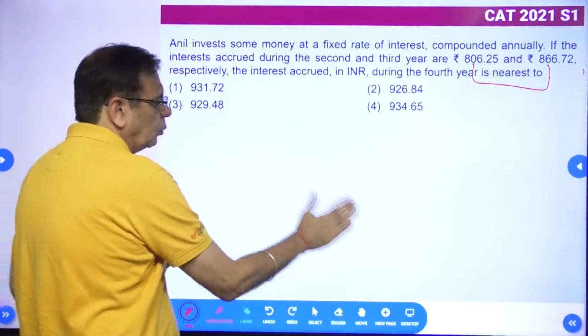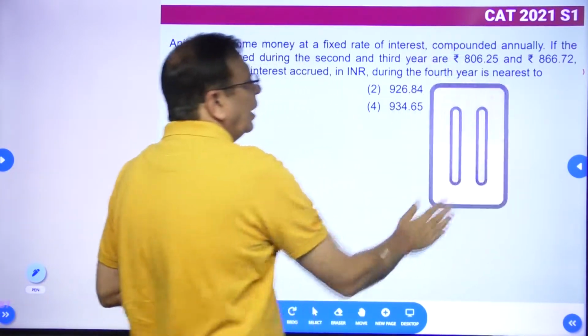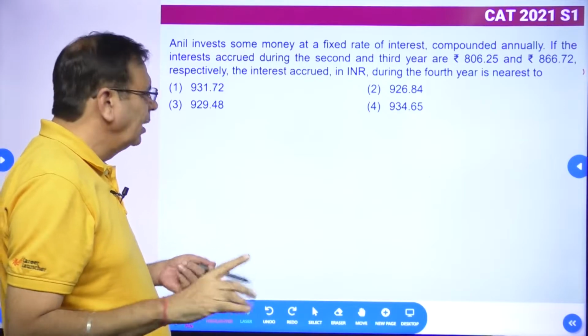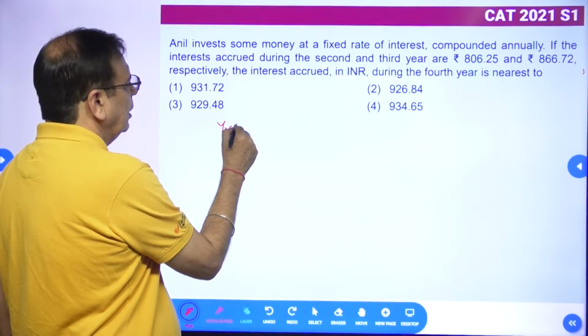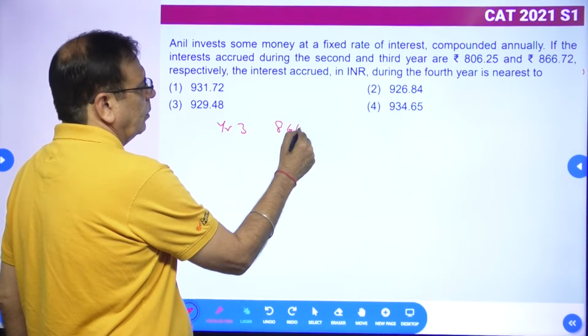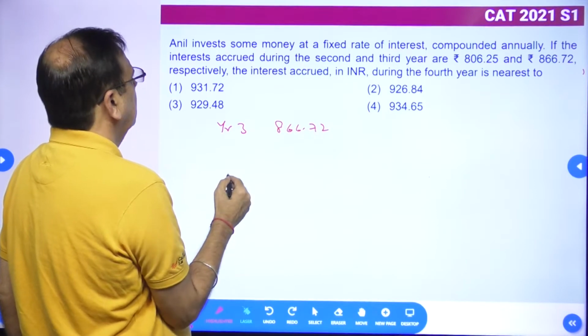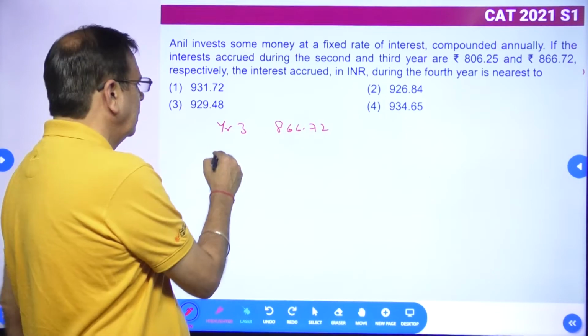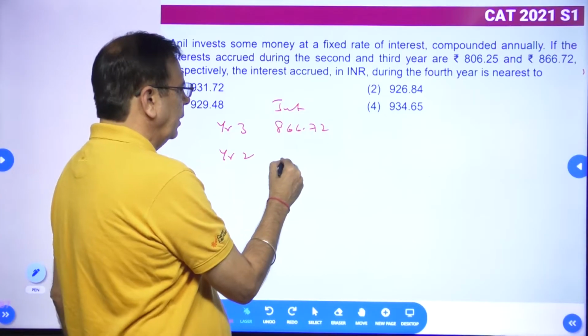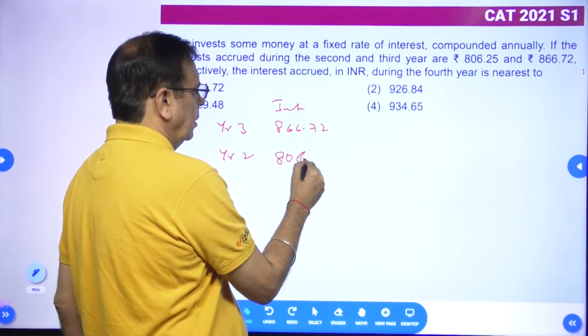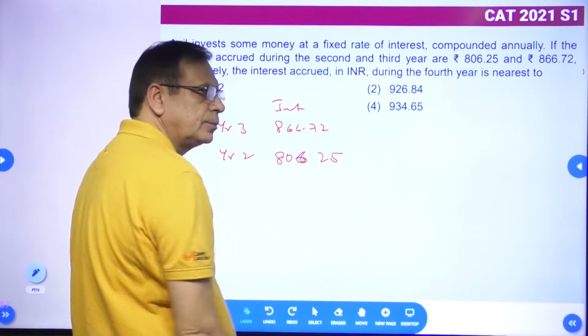My starting point would be, if there is a question in CAT, I will say, I will not use my brain at all. I will say, year 3, 866.72. Okay. Interest accrued during the second year, this is interest, 806.25.